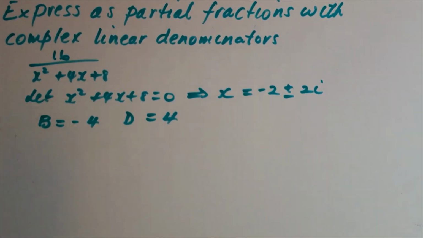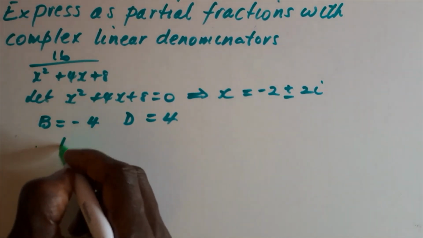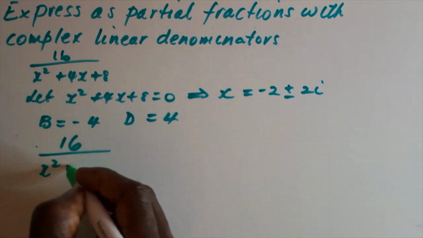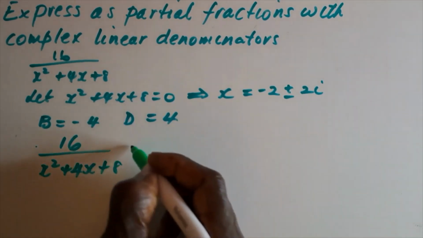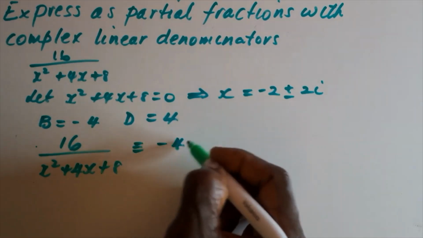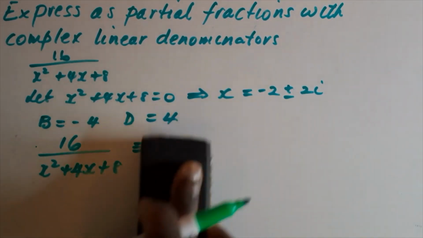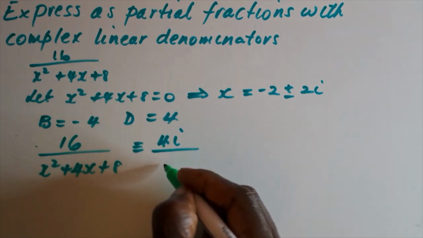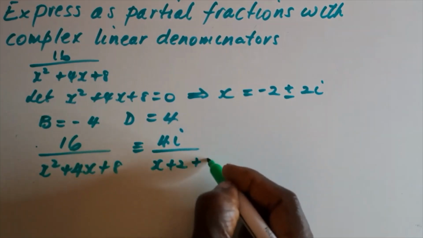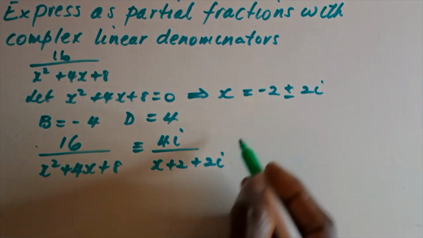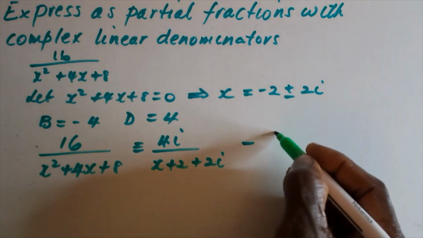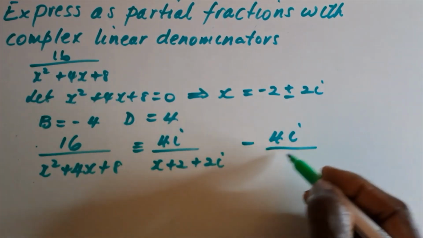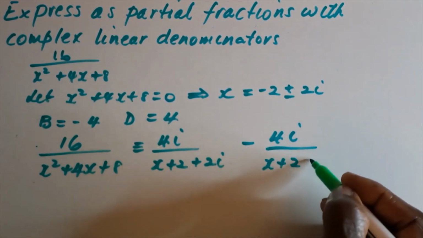Now with the constants b equal to -4 and d equal to 4, and a and c are 0, we can write that 16 over x squared + 4x + 8 is equivalent to, oh, my mistake here again, we have 4i over (x + 2 + 2i) minus 4i over (x + 2 - 2i).